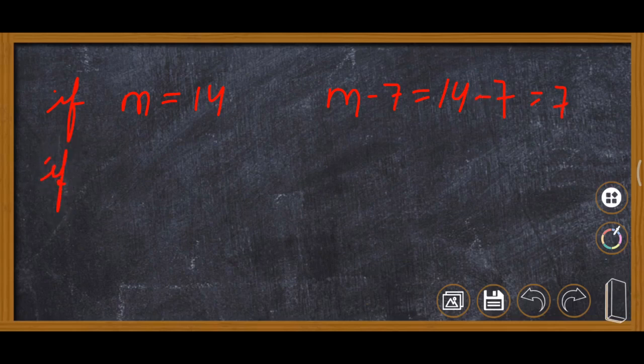If m is equal to 15, then m minus 7 is equal to 15 minus 7 equals to 8. Now we will fill these values one by one in the given equations and in the given table, and then we will fill this table.